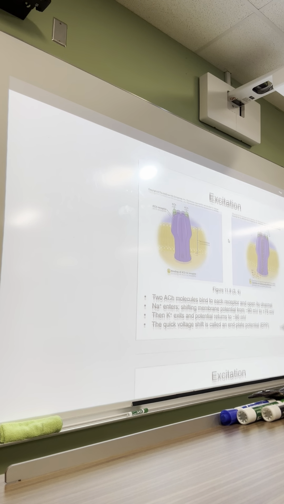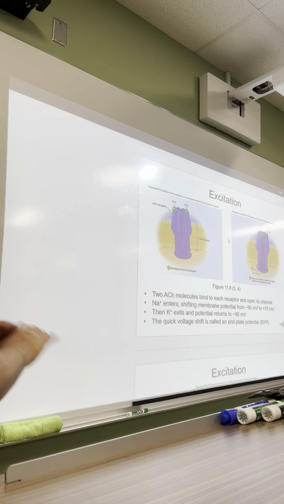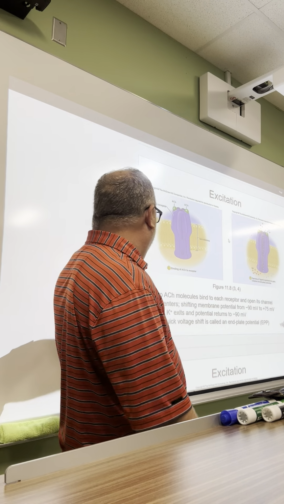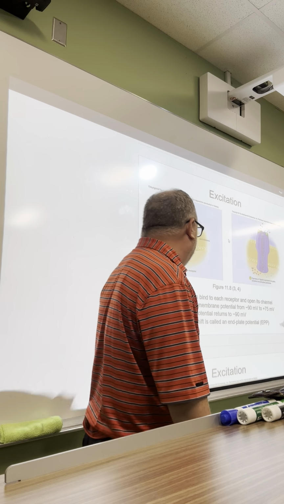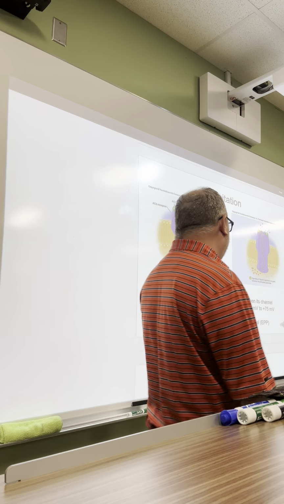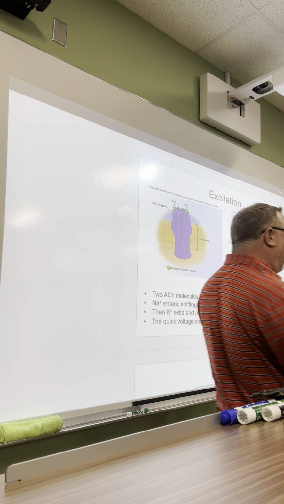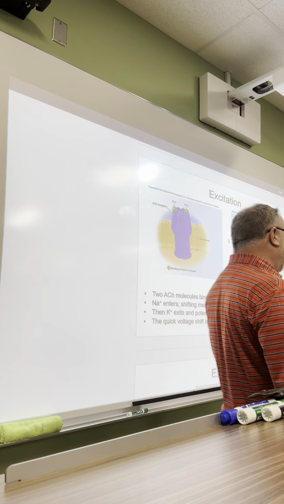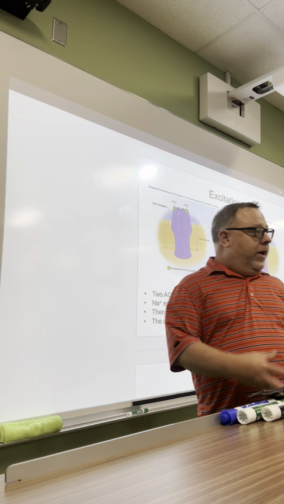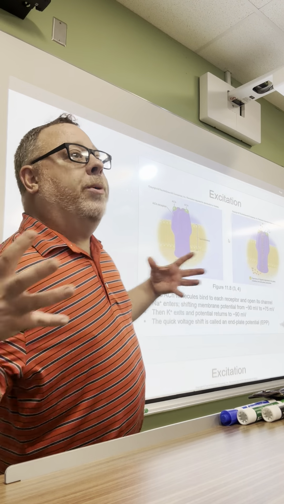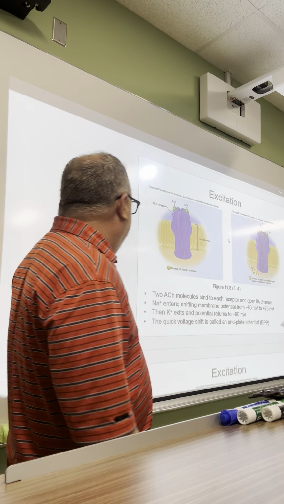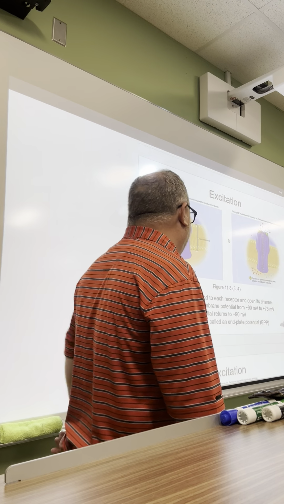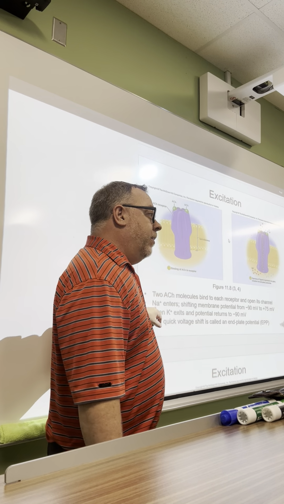So slide 2 of our process here, as I mentioned briefly, it takes 2 acetylcholine molecules to bind to each receptor to open it. This is very similar to what we spoke about way back in the beginning, right? We had to have 2 things to open that particular channel. And now we see our good friend sodium, right?